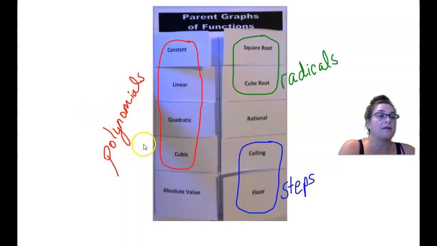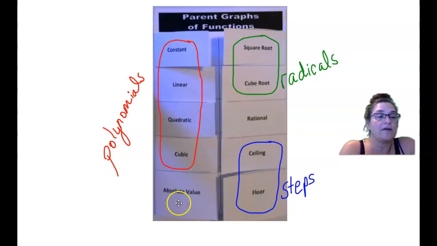The degree of the polynomial is the highest exponent in that polynomial. So a constant would be a polynomial of degree 0. Linear is degree 1. Quadratic is degree 2 because it's the x squared, right? Cubic is x cubed, so that would be a degree 3 polynomial, and so on.